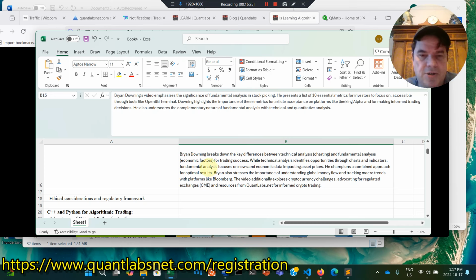And fundamental is your economic factors for trading success. Technical analysis identifies the opportunities through charts and indicators. Fundamental analysis focuses on news and economic data impacting asset price, and that can be said for all asset classes. Champions a combined approach for optimal results. I still do to this day.